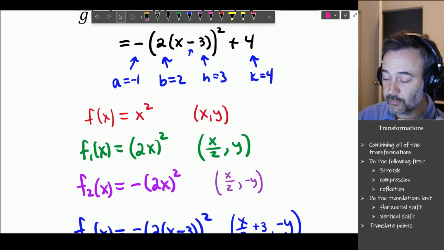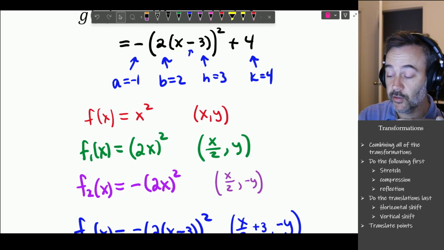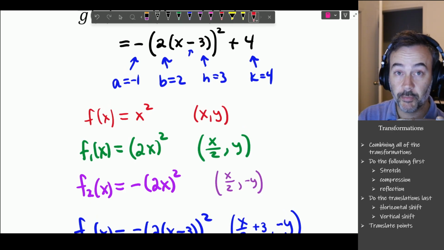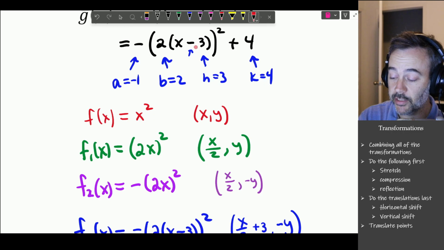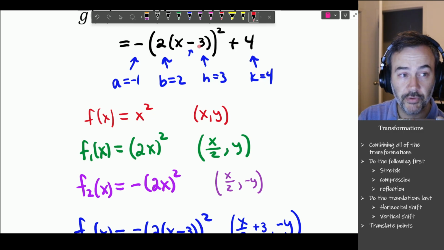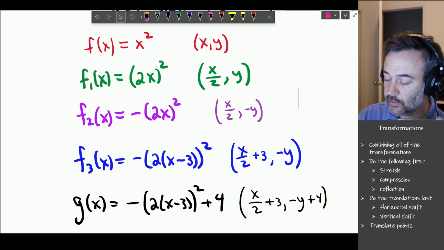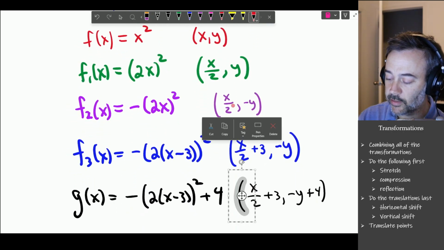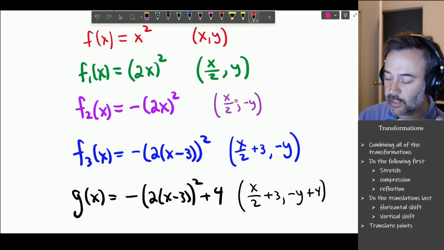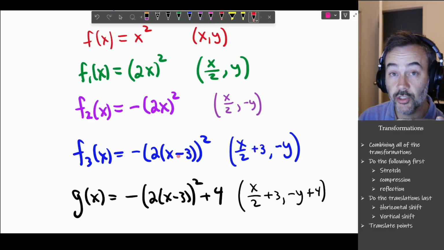The next transformation we can do is the horizontal translation, because I've already done my multipliers, so now I can do my translations. Since there's a -3 in here, this is a right translation by 3. So what does that do to these purple points? It translates the x coordinate to the right by 3. Because remember, when it's subtract 3 in here, that shifts the graph to the right by 3.